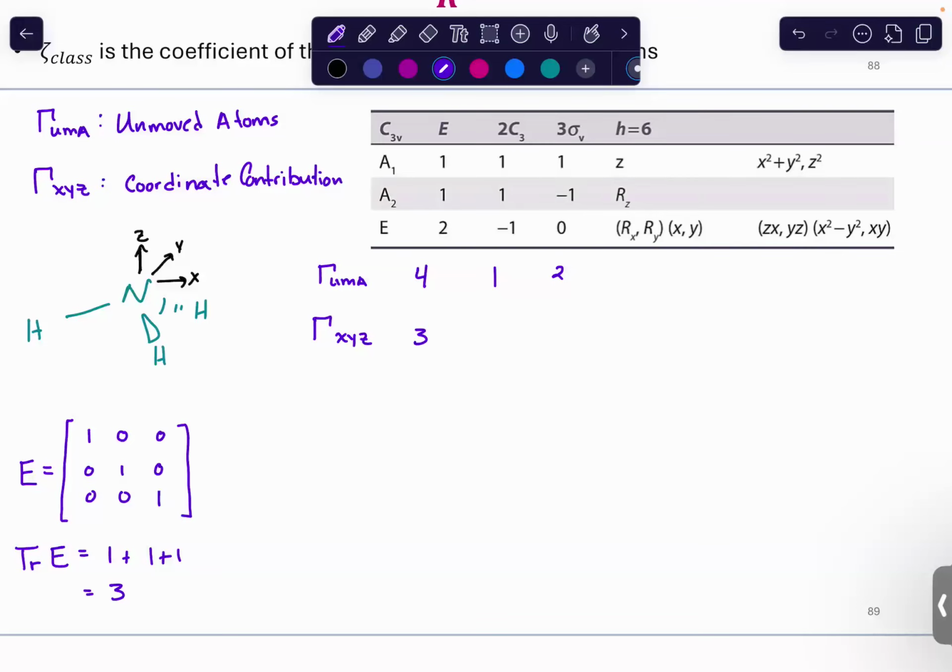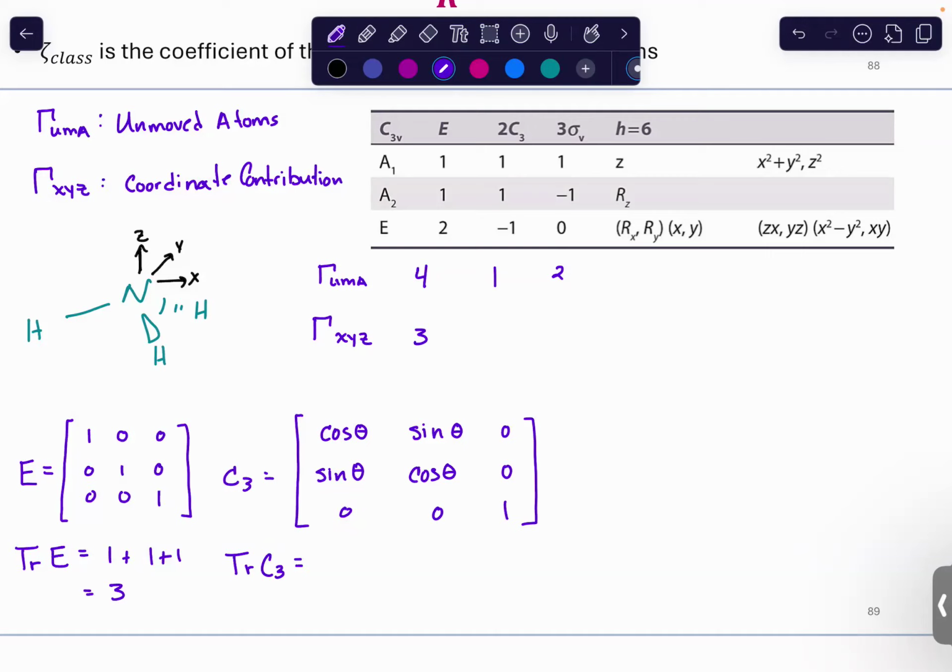So let's now look at our C3 matrix. I picked it because this doesn't seem wholly intuitive.